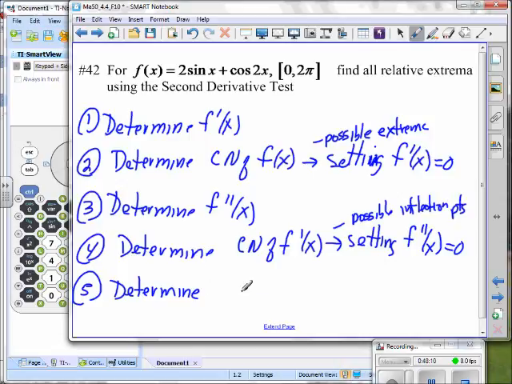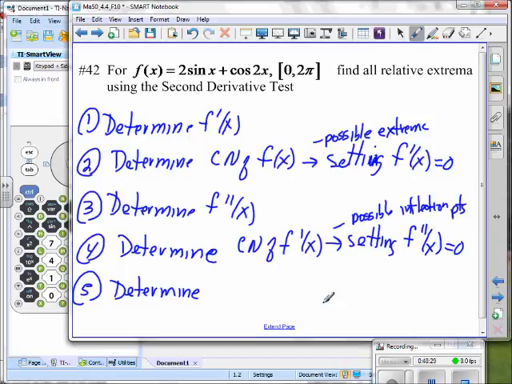Now, just because we have the critical numbers, I want to find extrema. These are possible extrema. So now I know I have some possible extremas because they don't show up as critical numbers in both of those. But I don't want to know just if they're extremas. I want to know, are they maximums or minimums?